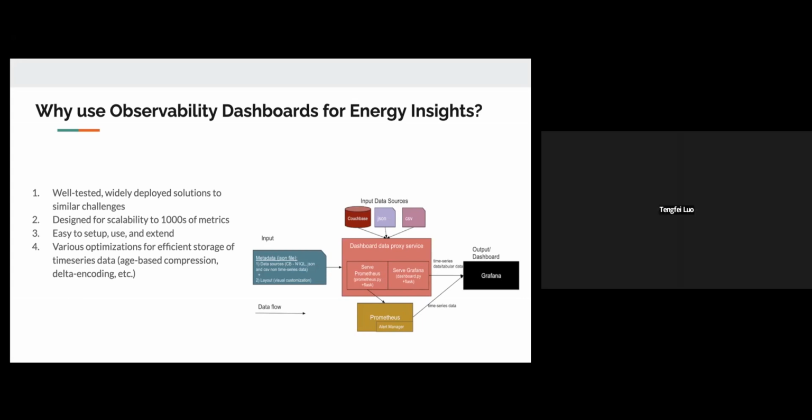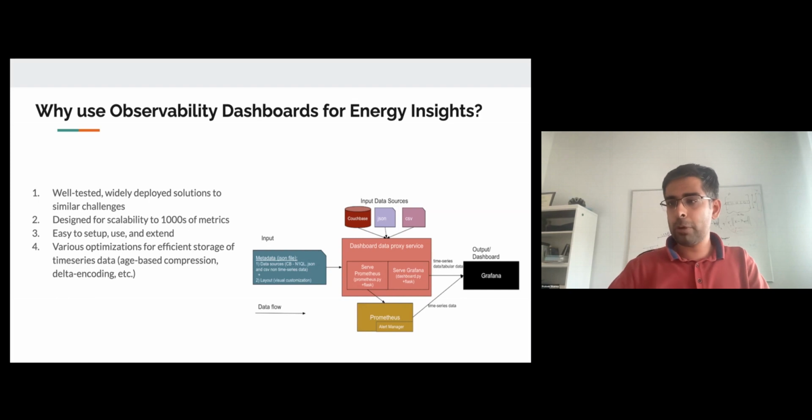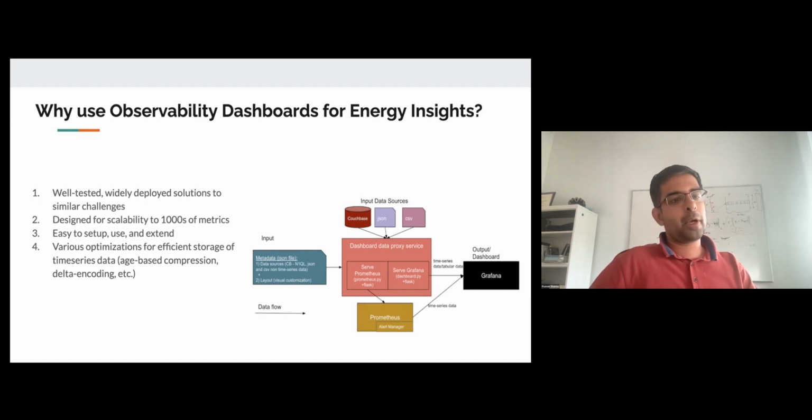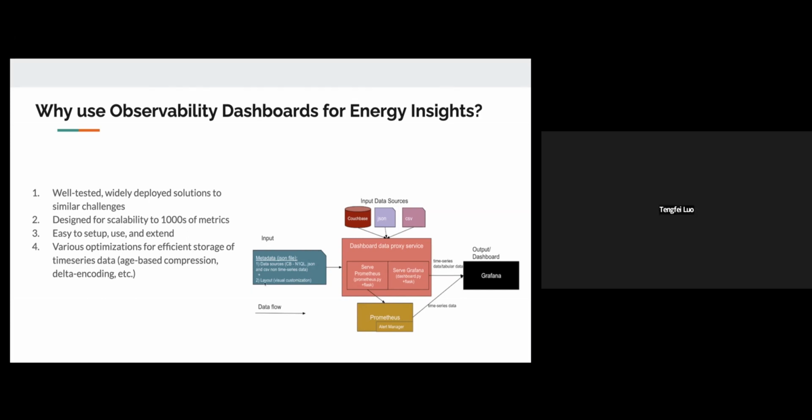Right. So instead of going into a lot more detail over these things, let me jump straight to a demo. What we have done is take the data set that was provided to us by Mega AI, and we have uploaded that into our observability dashboard. In this case, we're using Grafana. So let's jump straight to it.